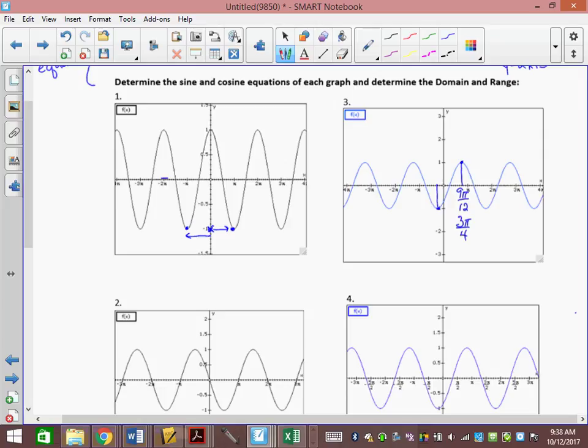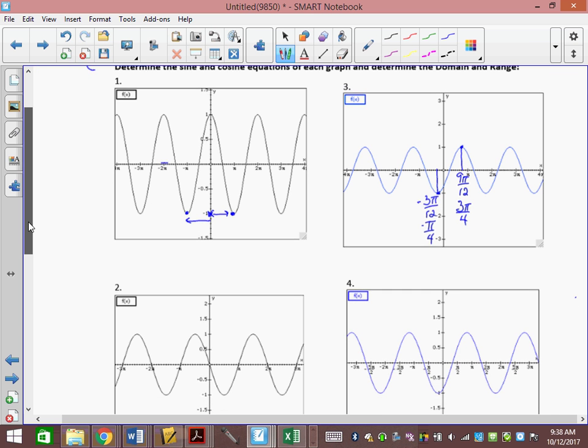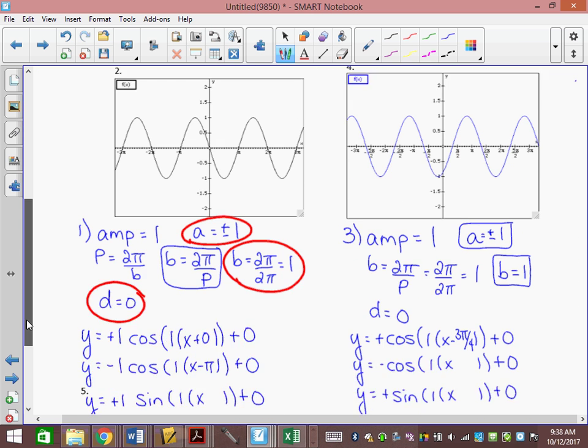So 3 ticks away, but negative. So it's going to be negative 3 pi over 12, which reduces to negative pi over 4. We used to be on the y-axis. We're now on the left. So when we fill it in, it's going to be plus pi over 4.